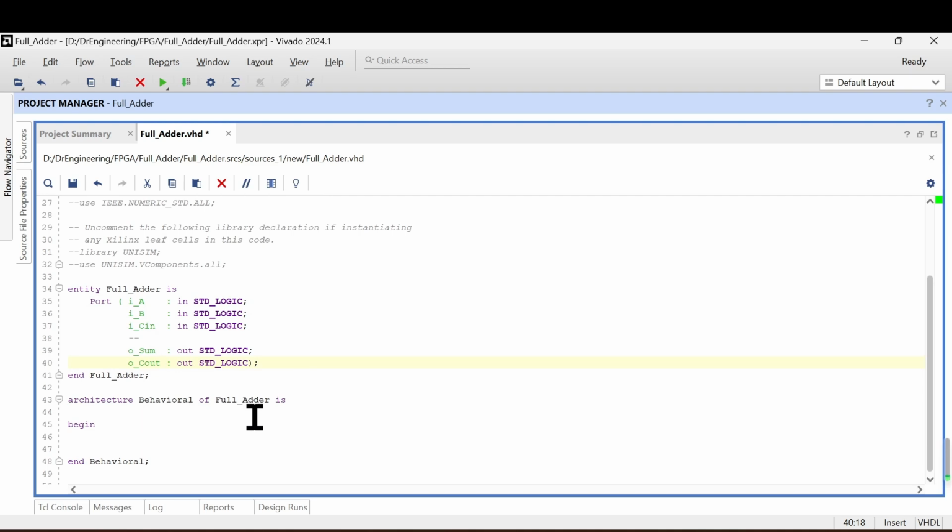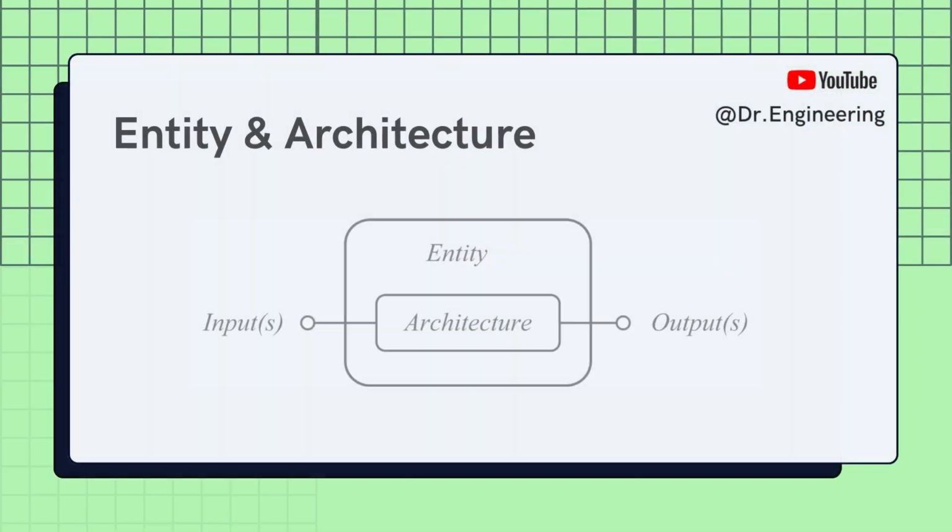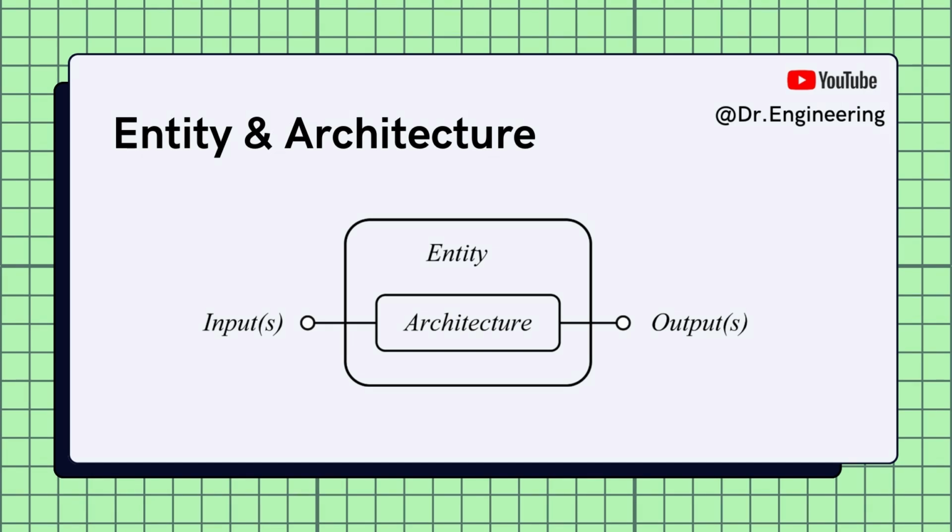Now, let's review the content from the last lesson and briefly go over the concepts of entity and architecture. An entity is like a black box. It defines the inputs and outputs of a circuit but doesn't tell us what happens inside. The architecture describes the internal workings of this black box.